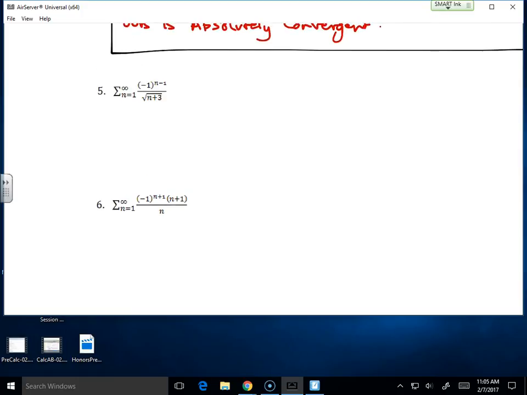The limit as n approaches infinity of 1 over square root n plus 3 equals 0. 1 over square root of n plus 3, or it's 1 over square root of n plus 4, is less than or equal to 1 over square root of n plus 3. Good. It'd be n plus 1 plus 3, so n plus 4.